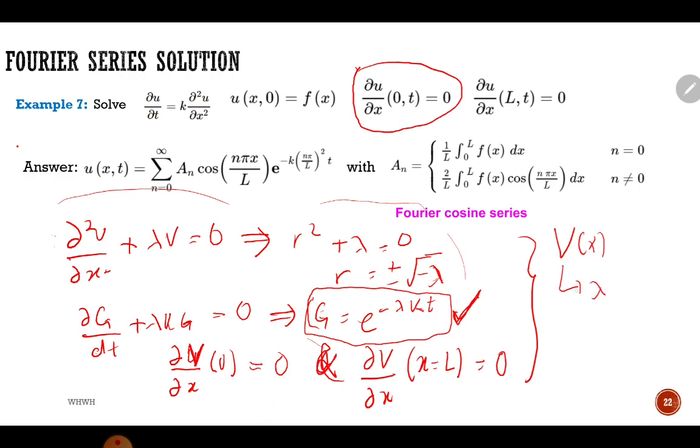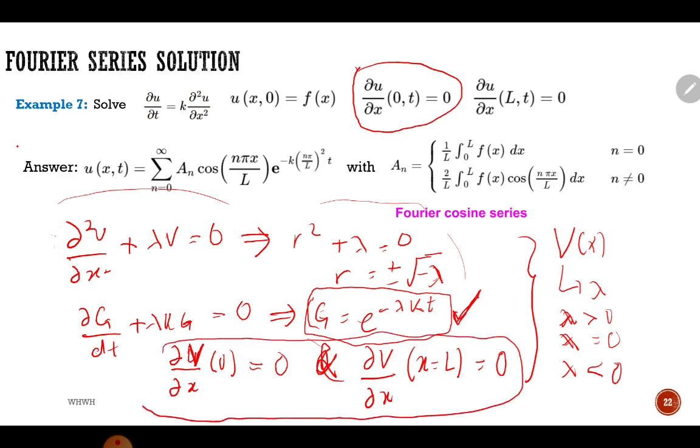Remember how many cases we have for lambda? We have 3 cases, right? Lambda more than 0, lambda equals 0, and lambda less than 0, by considering these two boundary conditions: dv over dx at x equals 0 is 0, dv over dx at x equals L equals 0.